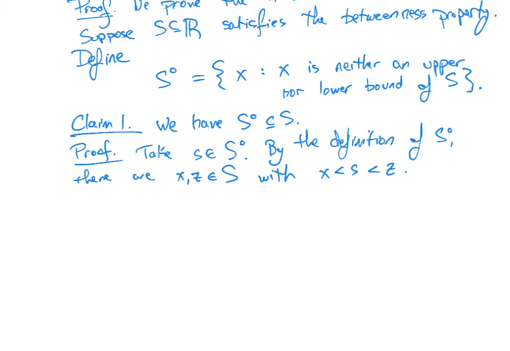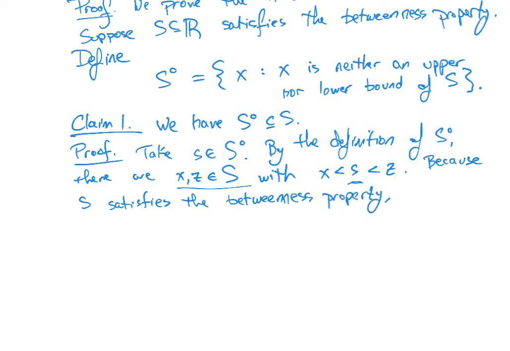Okay, that's because it's not an upper bound and it's not a lower bound. Well, those things are both in S, and S satisfies the betweenness property. So little s has to be in S as well. That's the proof of the claim.